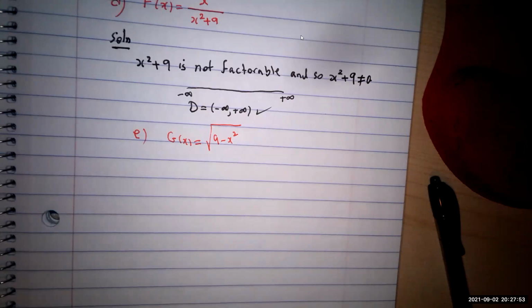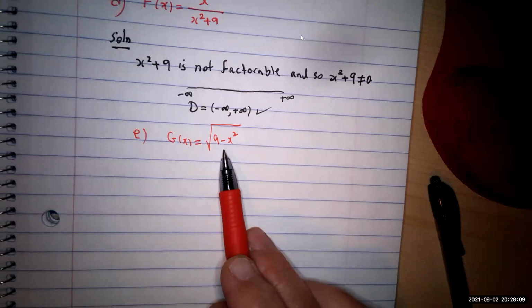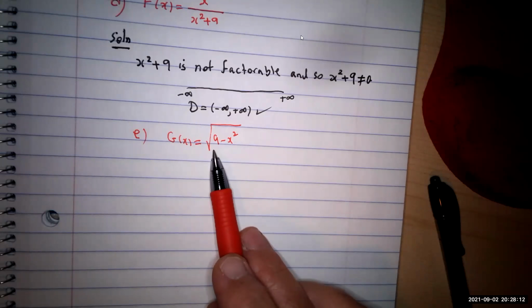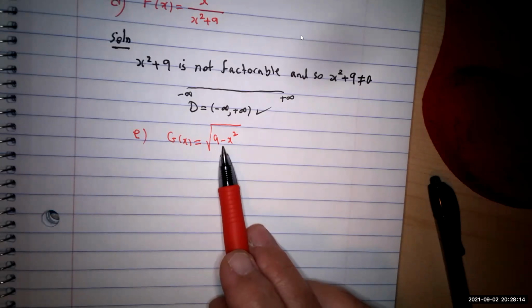We talk about it. When it's a radical, if you take the square root, the fourth root, the sixth root, the eighth root, so if the index of the radical is even, there is a restriction. The restriction is you cannot find the square root of a negative number, so you have to guarantee that this is a positive number.